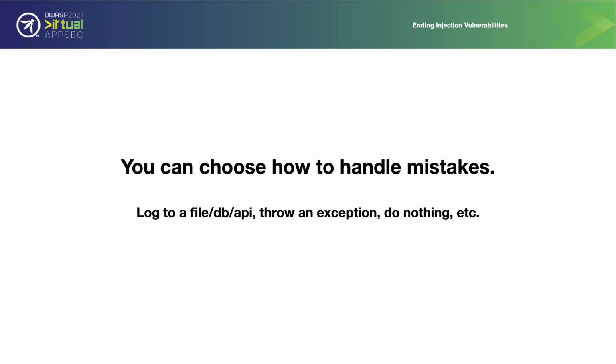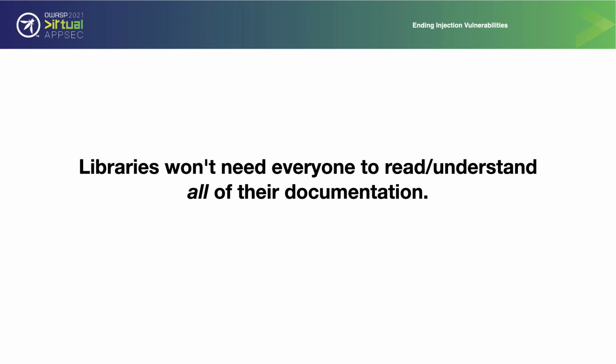And by using a function, it allows you to choose how to handle mistakes. So you can write to a file, you can write to a database, call an API, throw an exception, or just simply do nothing. The advantage of this approach is it means that libraries don't need everyone to understand and read all of their documentation, which is the big problem, because libraries get a bit complicated.